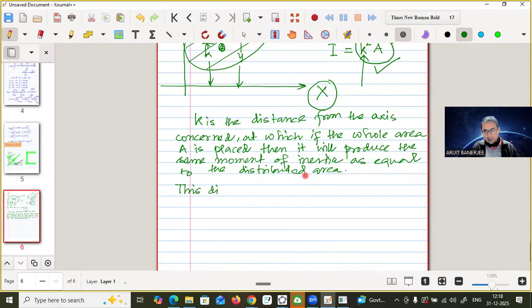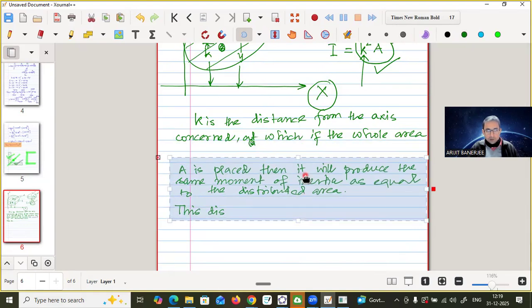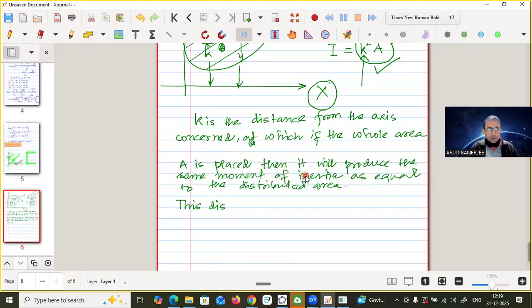This distance, where the whole area is placed, means it is assumed to be concentrated.